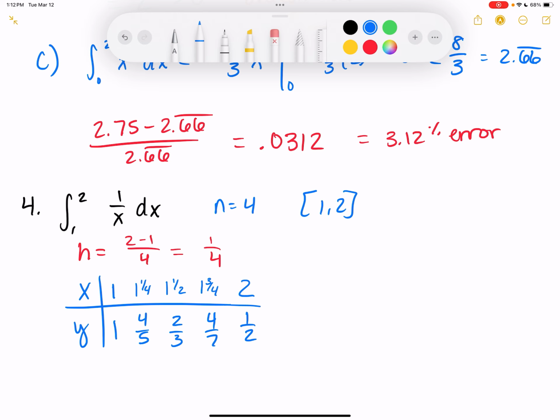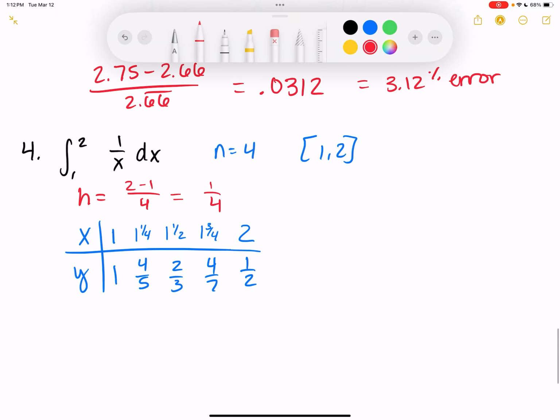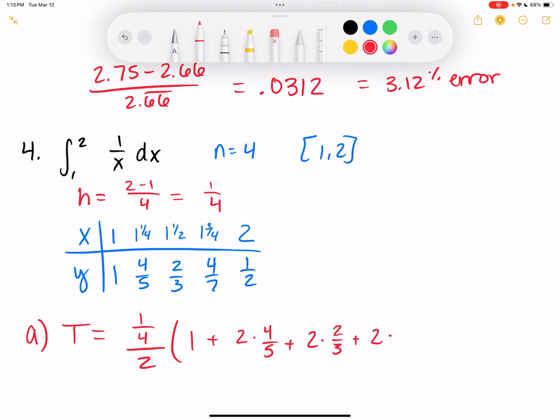All right, so now we set up our trapezoidal rule. T is equal to 1/4 over 2 times the first number, 1, plus 2 times 4/5, plus 2 times 2/3, plus 2 times 4/7, plus 1/2.